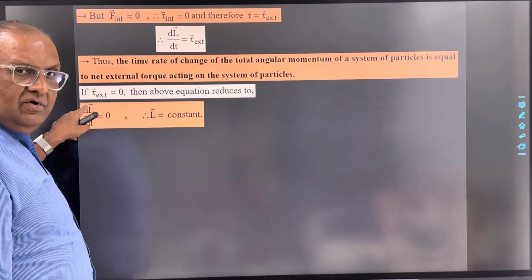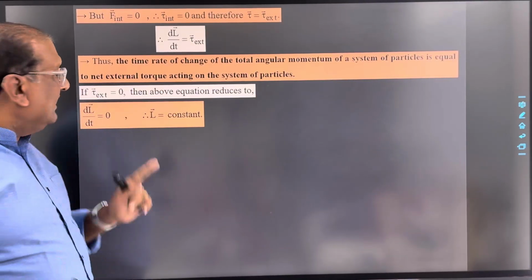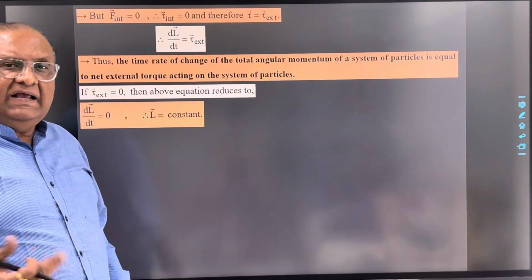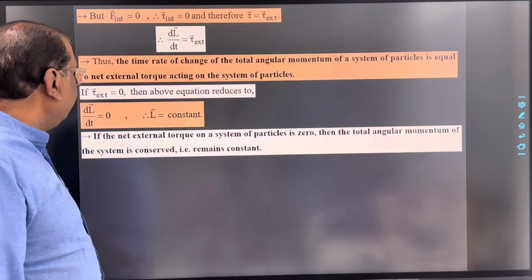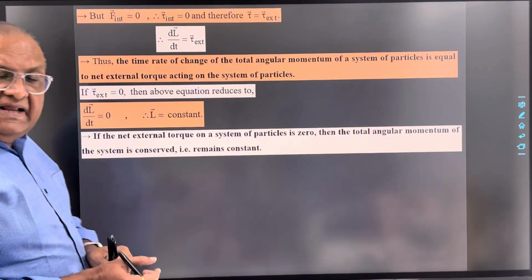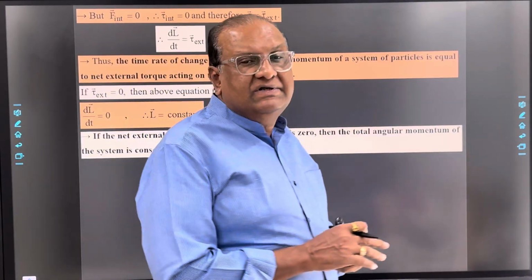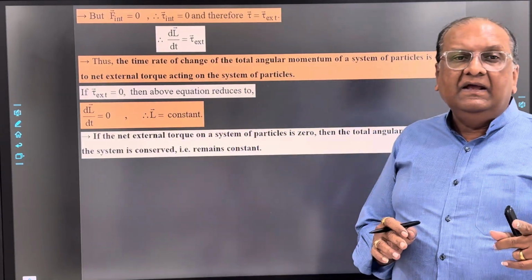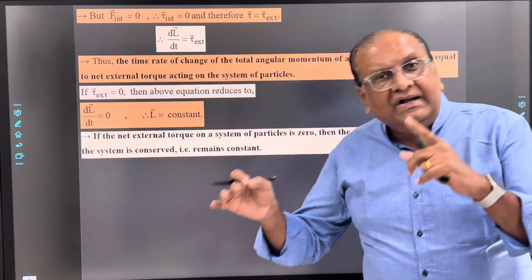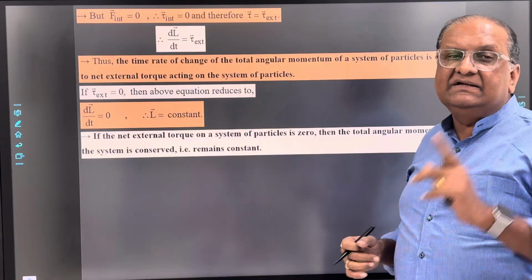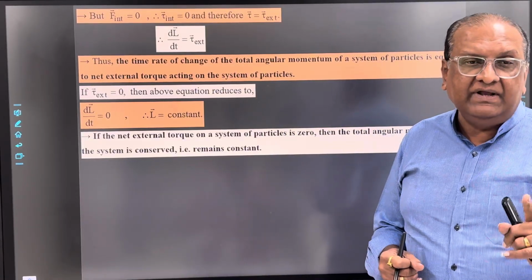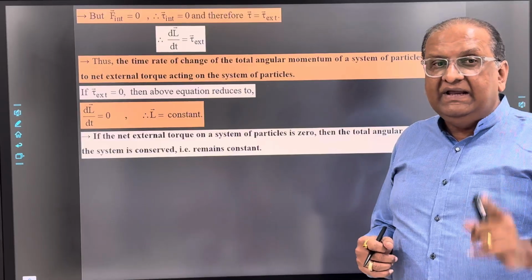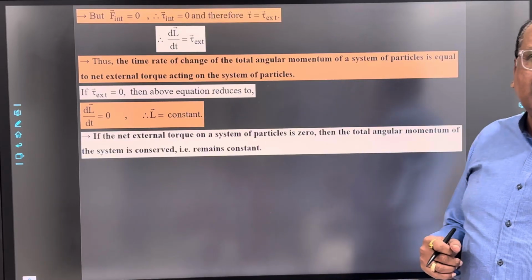Differentiation of L with respect to time t is 0, means L should be constant. So we can say if the net external torque acting on a system of particles is equal to 0, then the total angular momentum of the system of particles will be conserved. It implies that it remains constant. Clear to all of you?